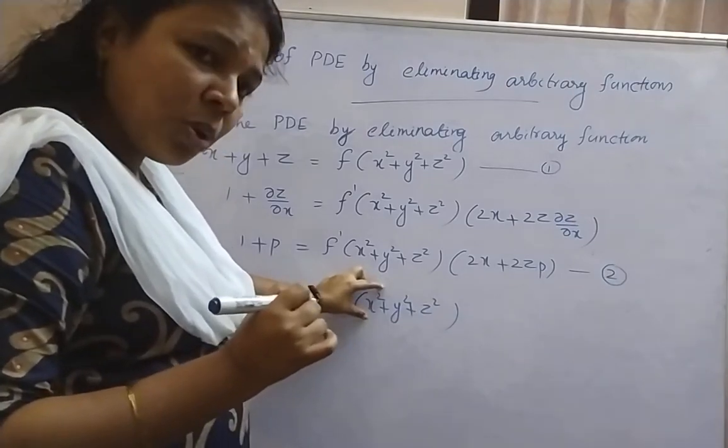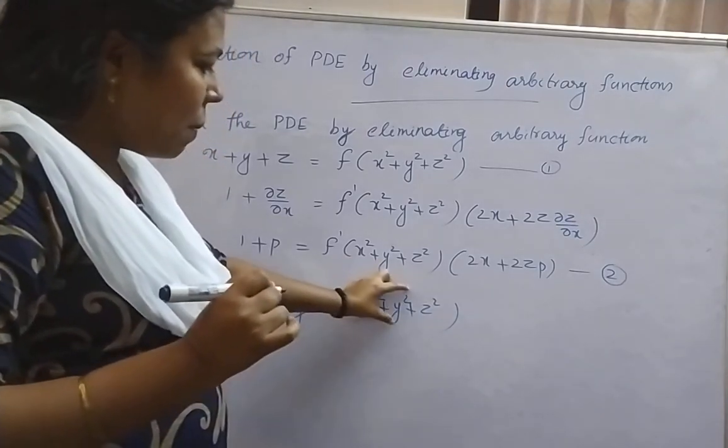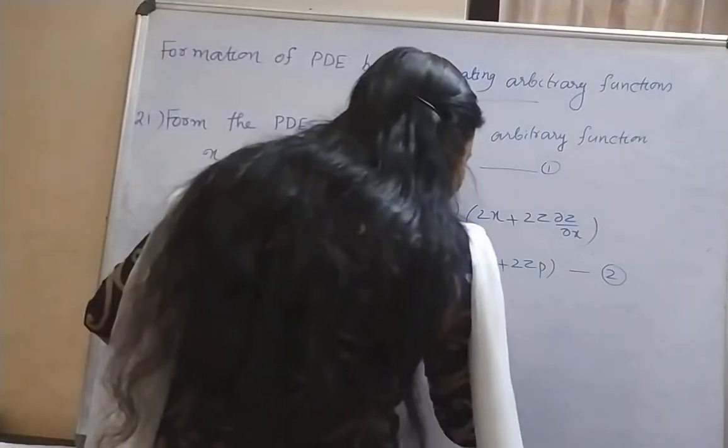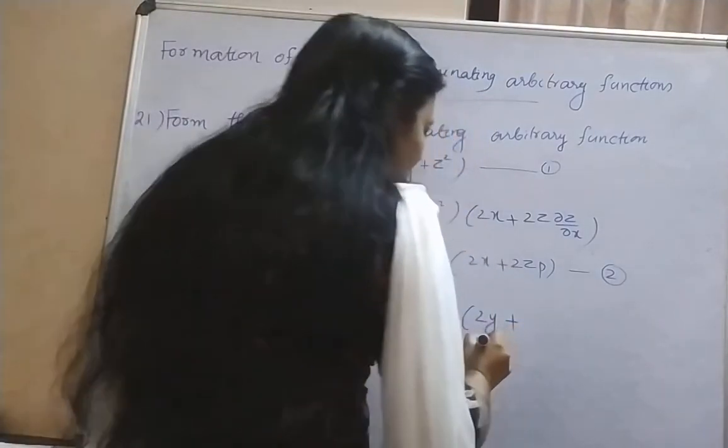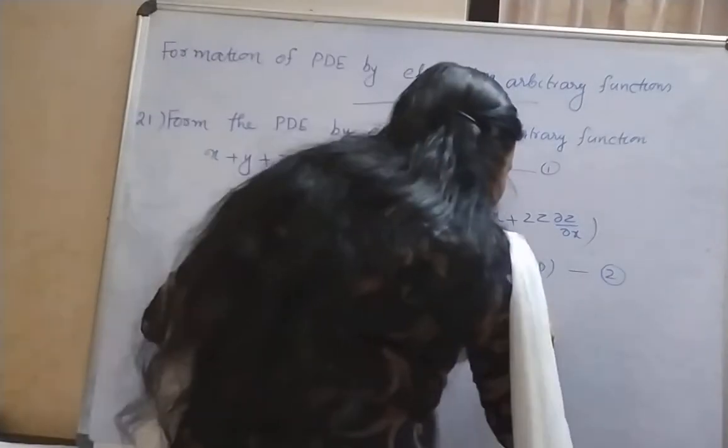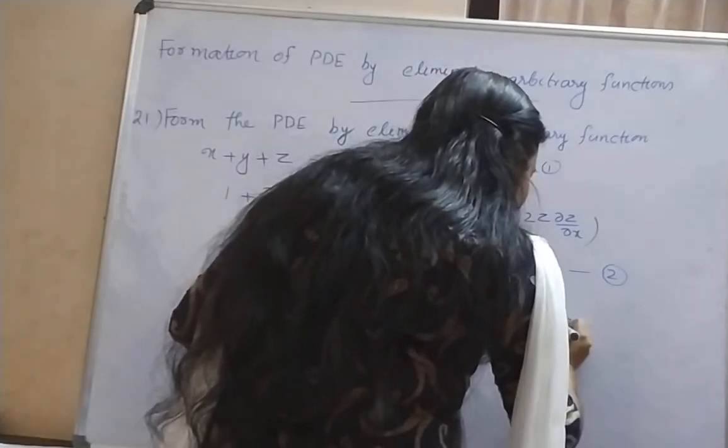Partial derivative of x square with respect to y is 0. Partial derivative of y square with respect to y is 2y. Partial derivative of z square with respect to y is 2z dou z by dou y.